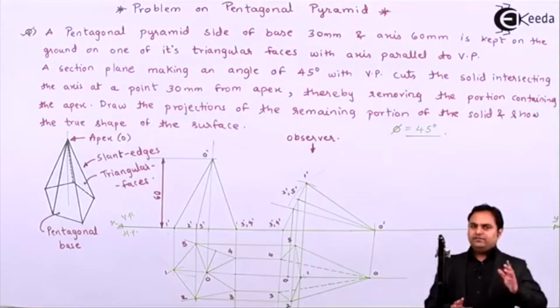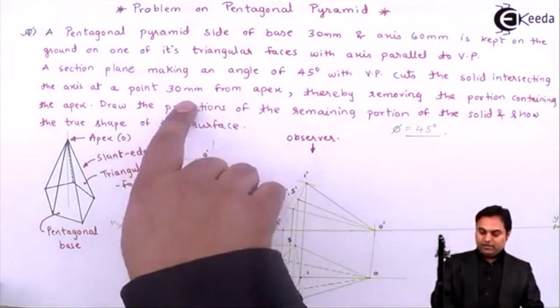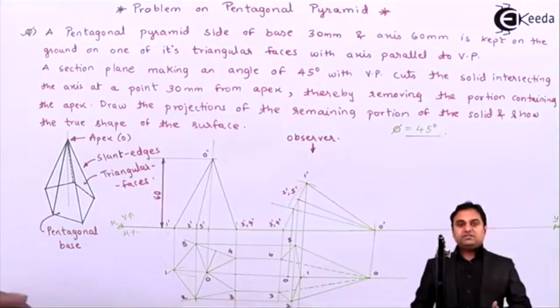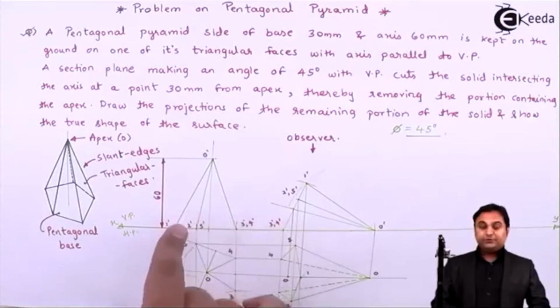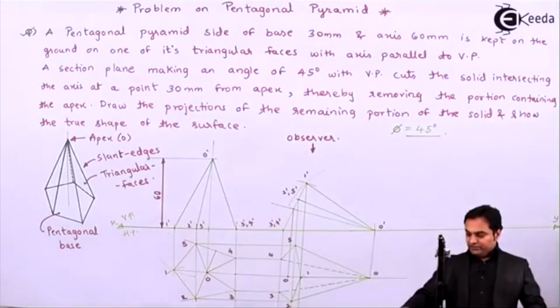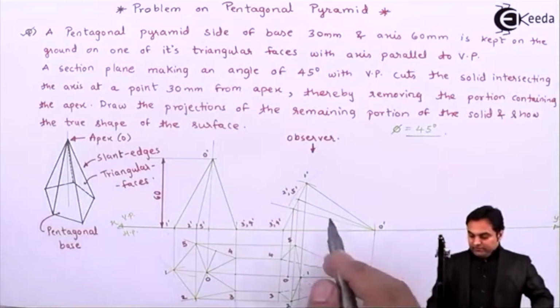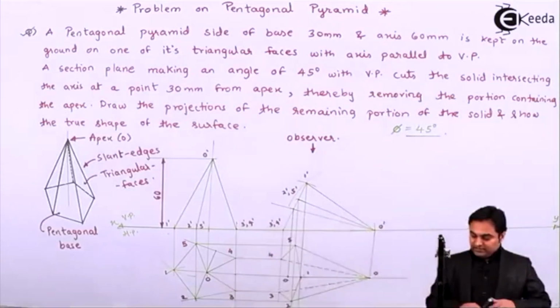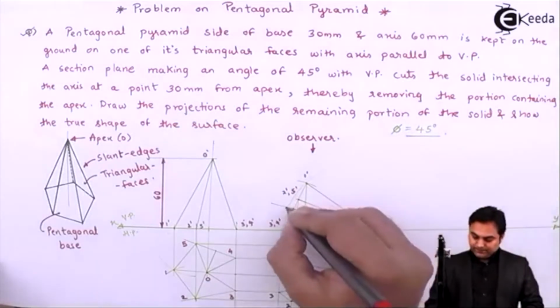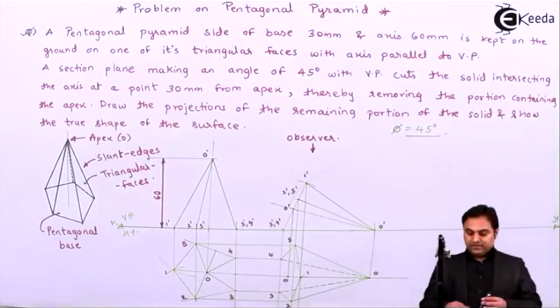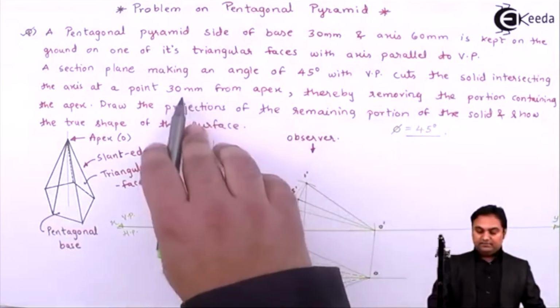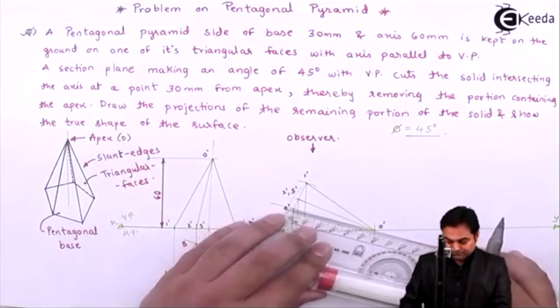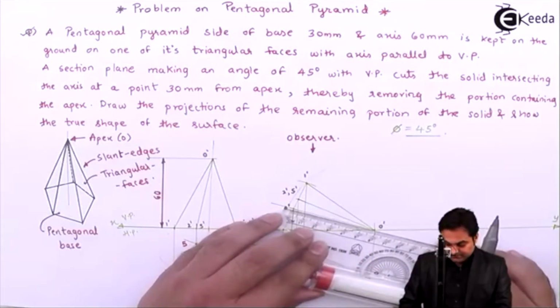And the distance 30 mm which we have to mark on the axis, that distance should be on the true length. It means it will be marked in the front view. So here in the front view, we have O dash up till here. I'll say O dash, O dash. That is the axis having length equal to 60 mm. So from the apex, I'll measure 30 mm. Here this is 60.